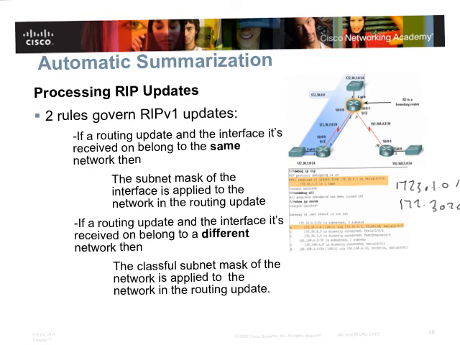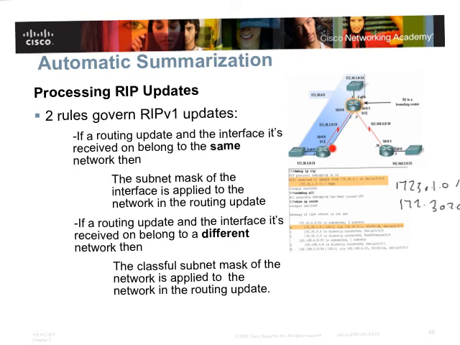But if R1 receives a route entry, for example, for this network, so focus with me, it will receive a route entry which is 192.168.5.0. Will it receive a subnet mask? No, right? It will not receive a subnet mask. This entry came through R2, of course.